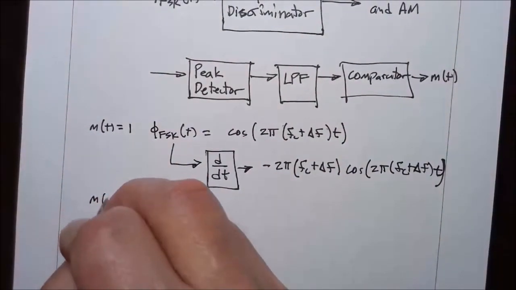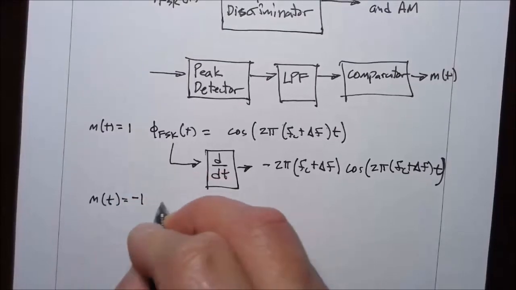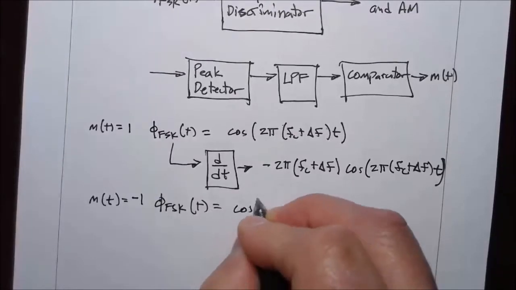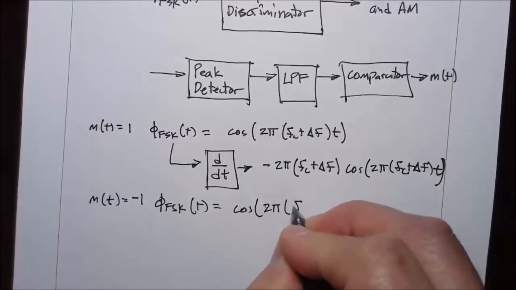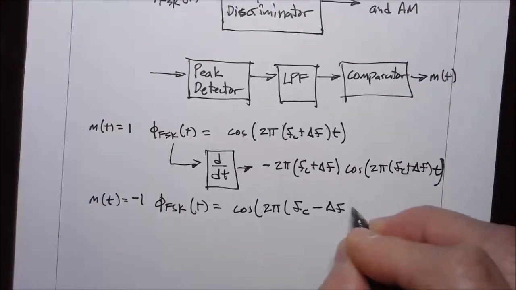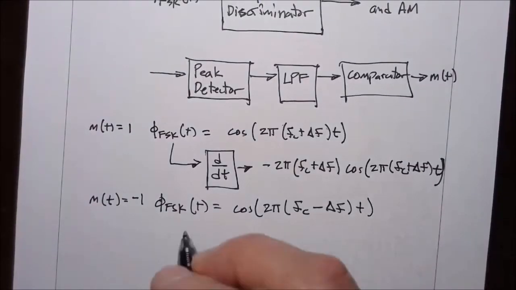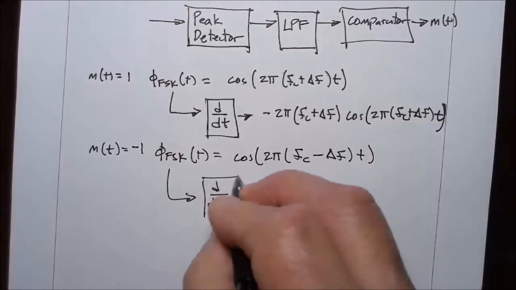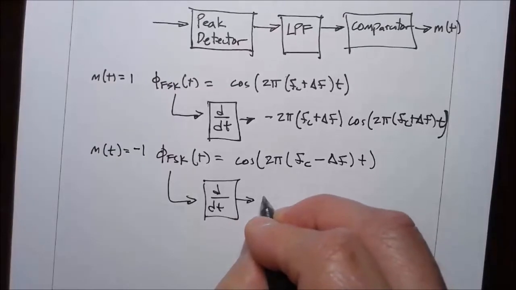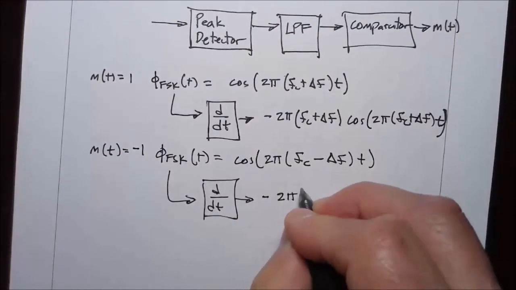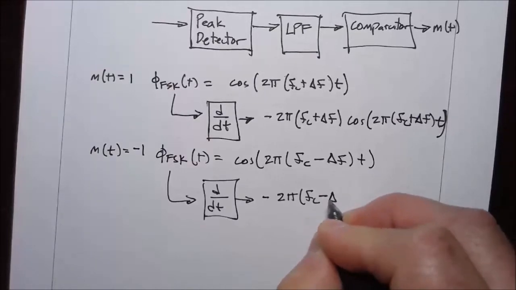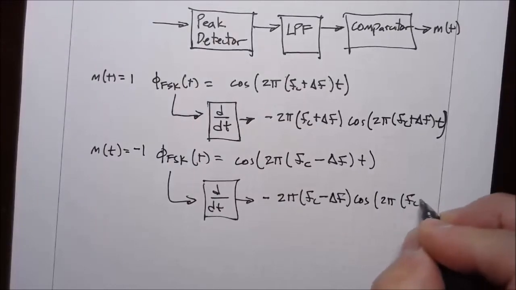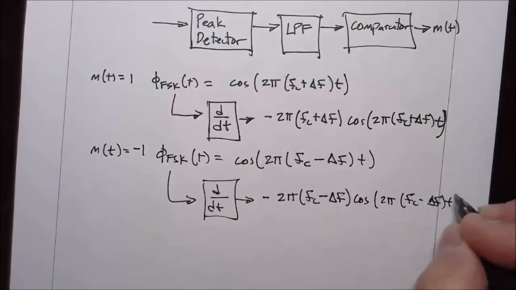When the message signal is minus 1, and the frequency shift keyed signal is cosine 2 pi (fc minus delta f) times t, we take this through the differentiating amplifier, and the signal that comes out is going to be a minus 2 pi (fc minus delta f) times the sine of 2 pi (fc minus delta f) times t.